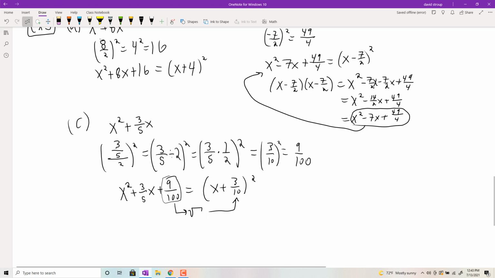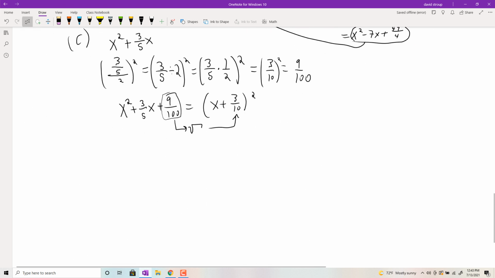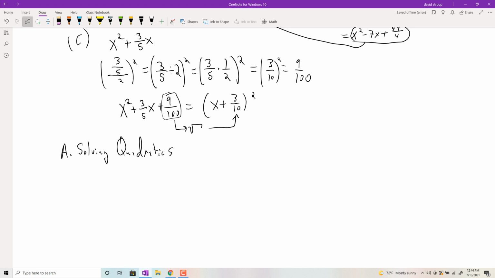Okay, so let's now apply this method to solving quadratics. And the one thing again that I alluded to in the beginning, you need to have a leading coefficient of 1 on your quadratic.